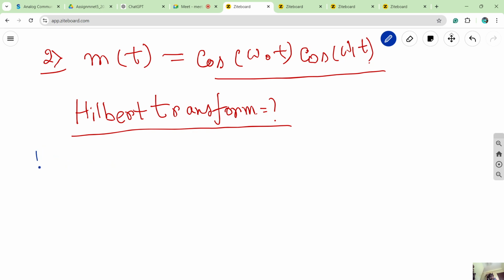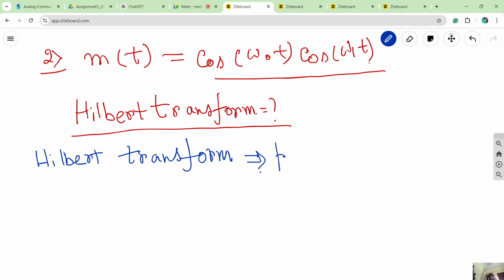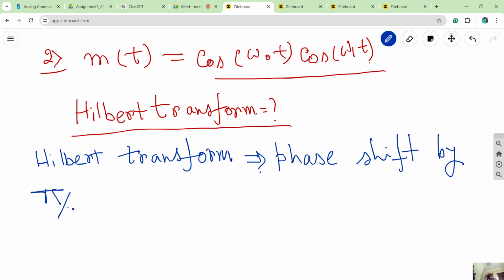Okay, so Hilbert transformation is actually a phase shift by pi by 2 radian, that is, a minus 90-degree phase shift.